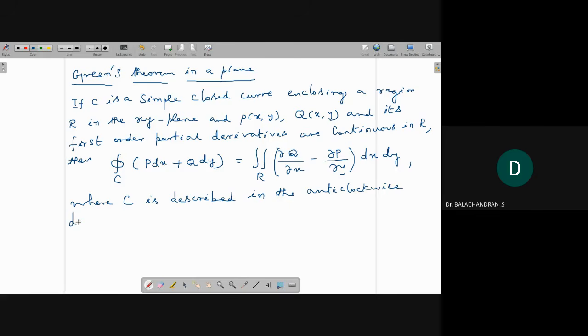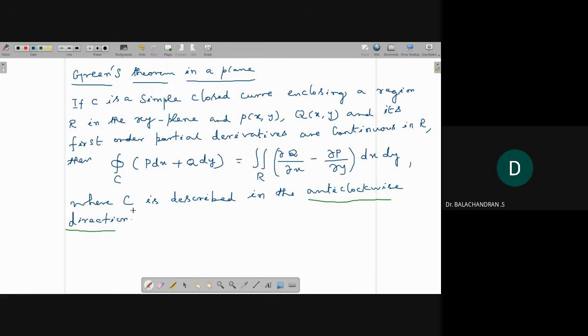This is somewhat important, that's why direction is important. So anti-clockwise direction. So this is the statement.